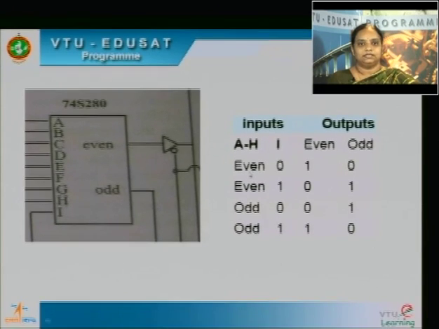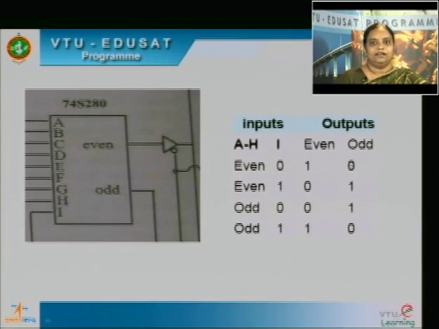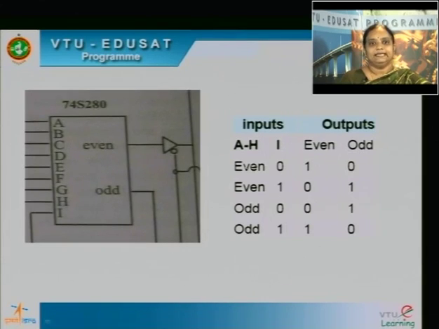If A to H is even, that is even number of ones are there, and I is 0, then the total number of ones is even, and the even output will become 1. And what about odd output? We don't have odd number of ones, rather we have even number of ones, and I is also 0. Totally it is still even, so even becomes 1, and odd output becomes 0.